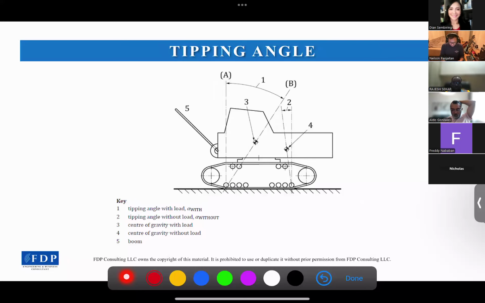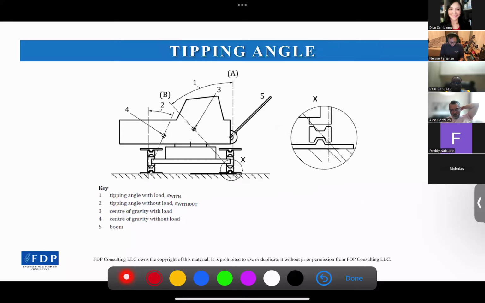So yeah, that's for the crawler, and you need to be careful about the crawler's type, if it's non-elevated or elevated sprocket. And this one is for the tracks with elevated sprocket. All right. So the tipping points are here and here.